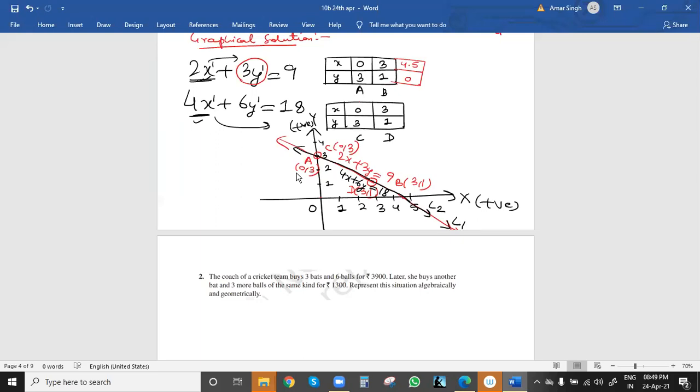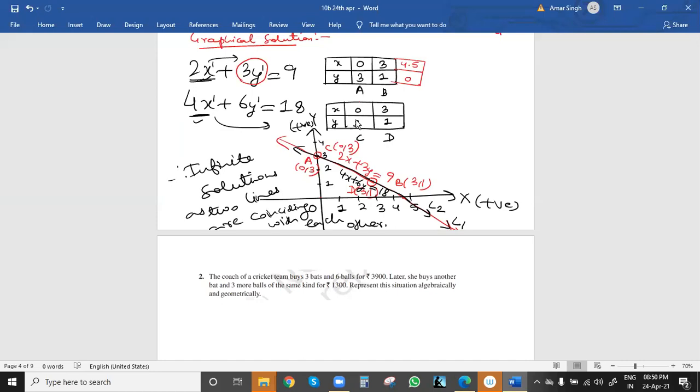So we can say both the lines will coincide with each other. Hence we can say infinite solutions, as the two lines are coinciding with each other.